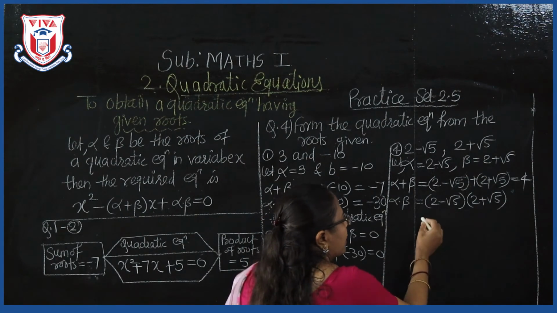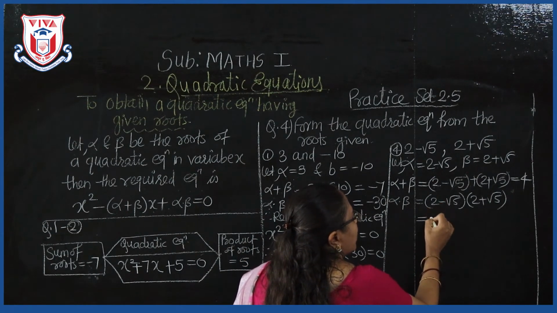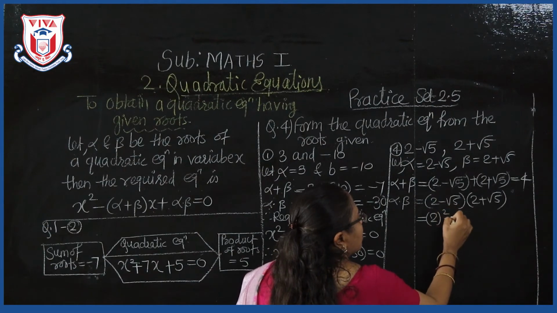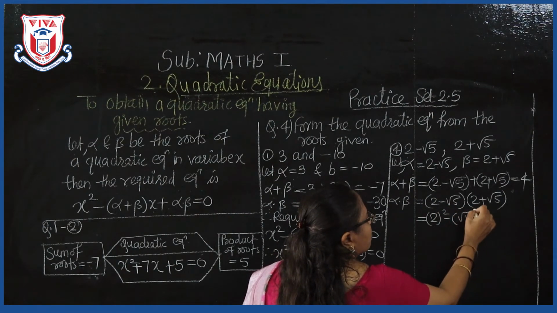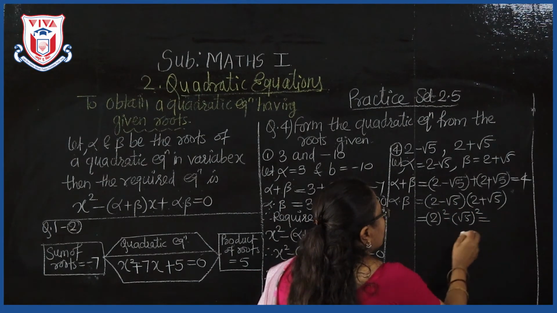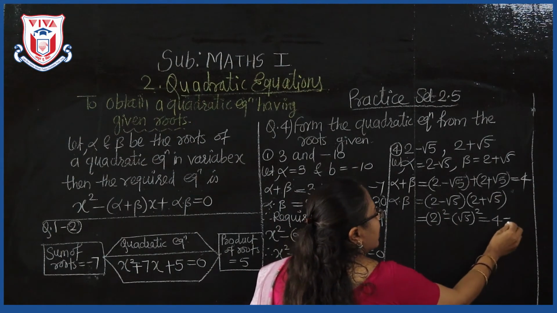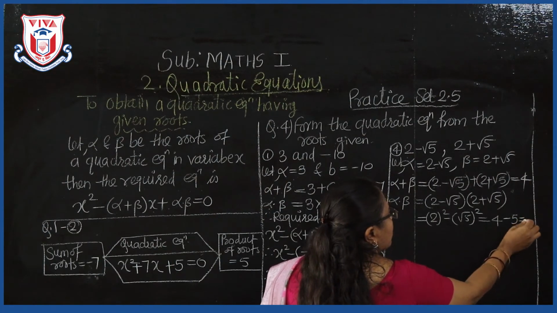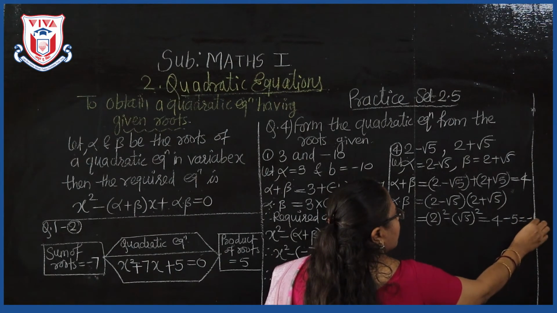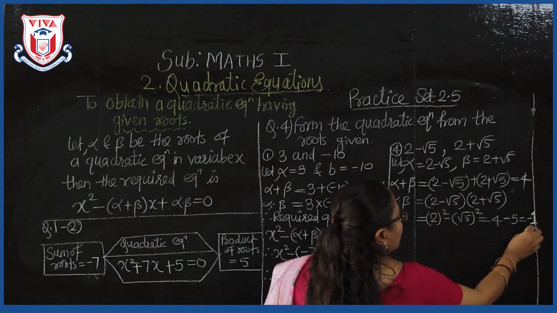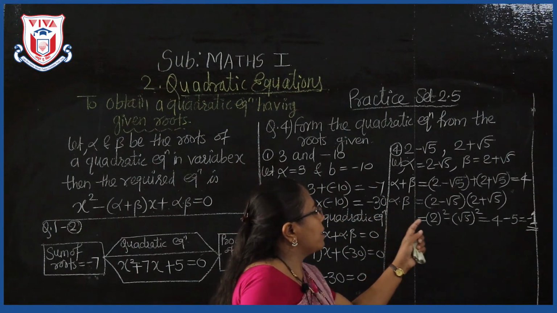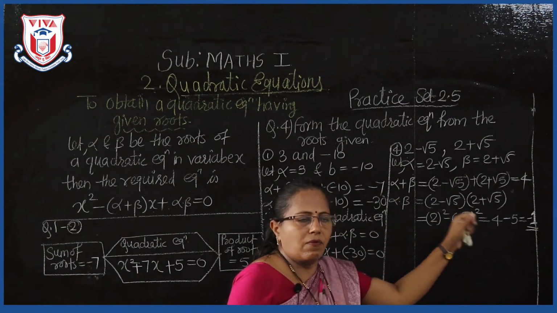So according to that, here we will get a square means 2 square, minus b square means root 5 square. So 2 square is 4 and root 5 square is 5. So 4 minus 5 we will get minus 1. So alpha into beta we got minus 1.